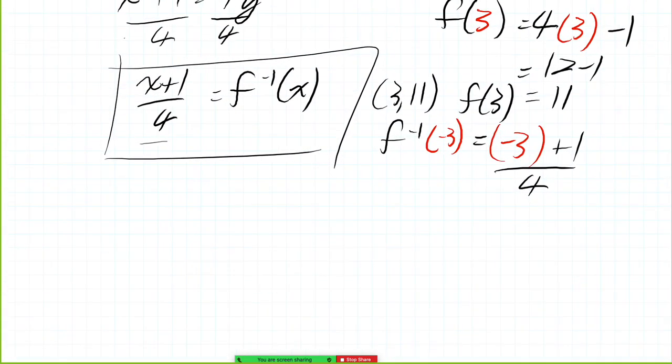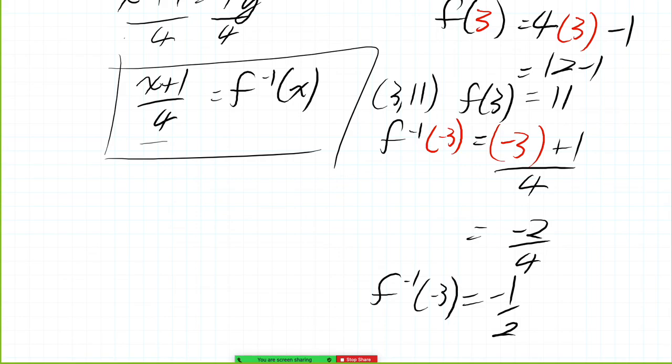So when we scroll down, again, this is simple BEDMAS: -3 plus 1 is going to give us -2 over 4, which simplifies into -1/2. So when we substitute -3 into the inverse of f of x, we get -1/2. So again, the coordinate of -1/2. Oh, sorry, that wouldn't be the x value. That would be considered your y value. So it would be (-3, -1/2).